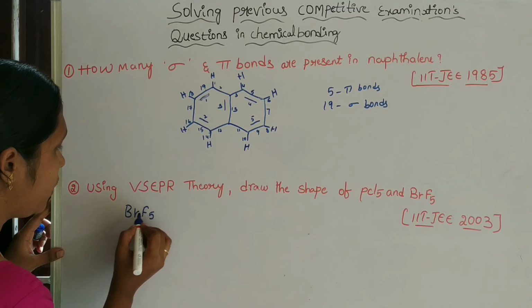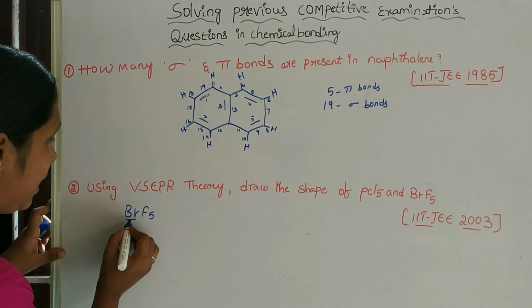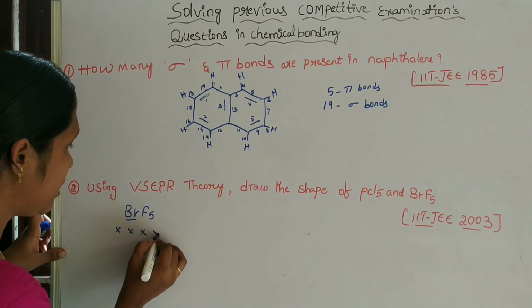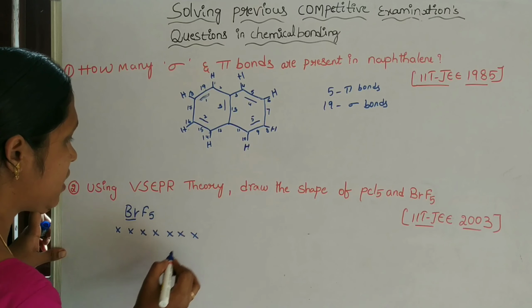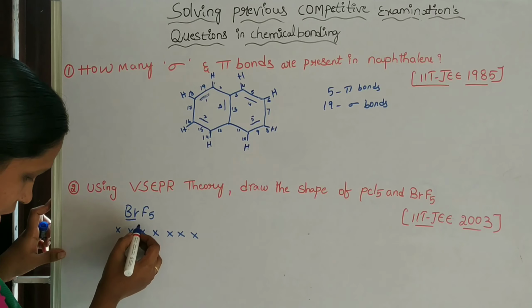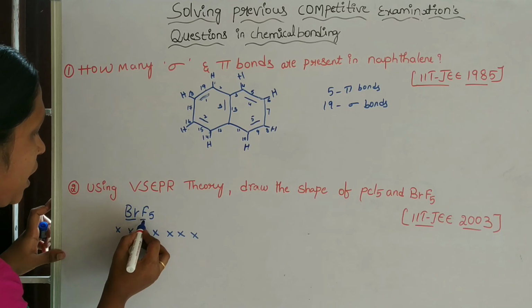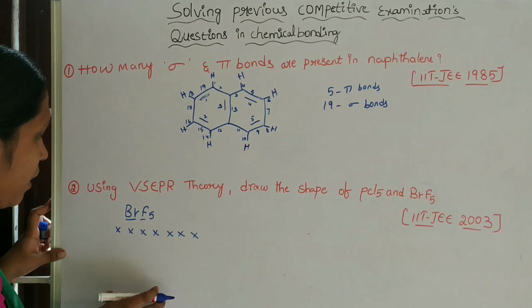And BrF5. Here, bromine is the central atom and it is a 7th A group element, so take 7 valency electrons. Fluorine is the surrounding element and has valency 1.